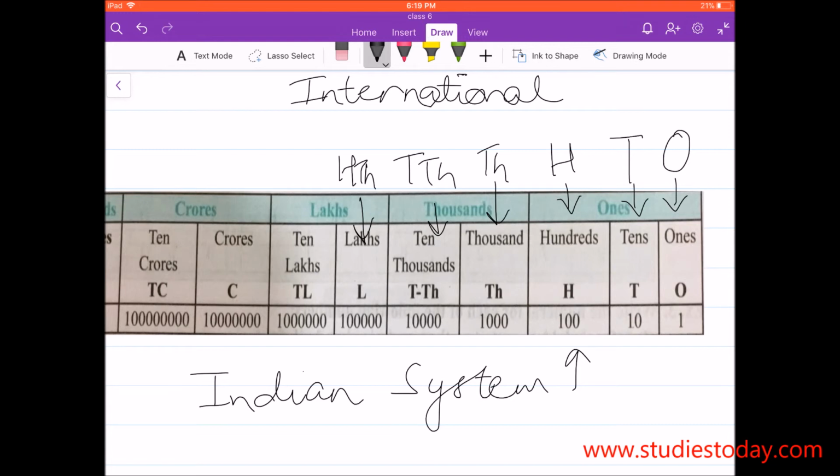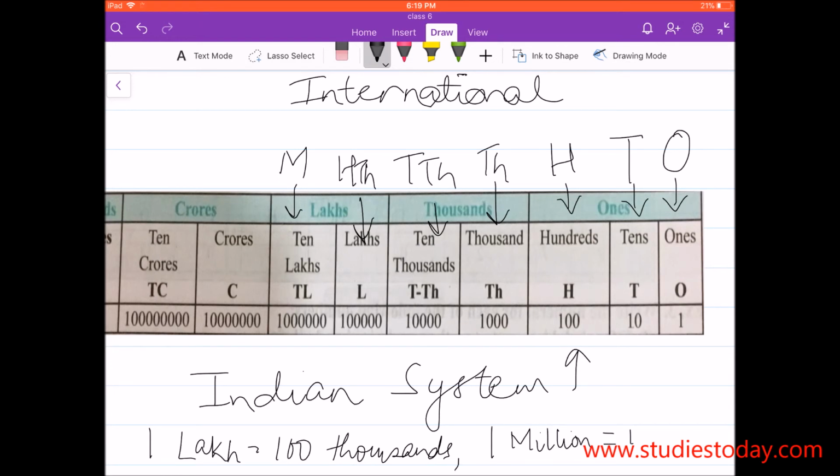So I can say that the value of 1 lakh will be equal to 100 thousands. Okay children, then we move forward. After 100,000 I have the period of million. As these two numbers are equivalent, I can say that 1 million is equal to 10 lakhs.